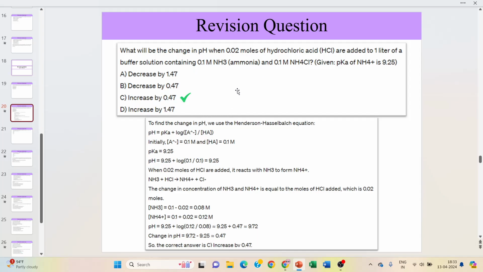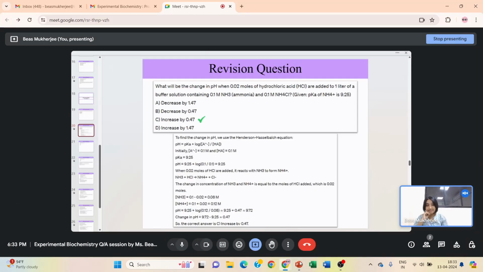This is a question that you can get in your GATE examination as a NAT, numerical type question.